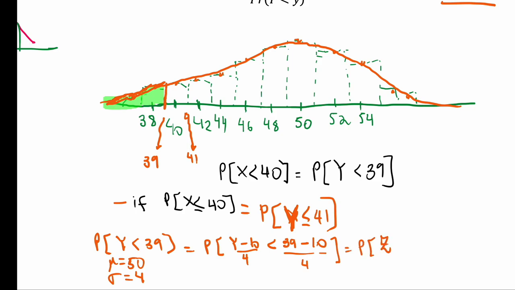The left-hand side will become a standard normal, and the right-hand side will be this number here, 29 over 4.